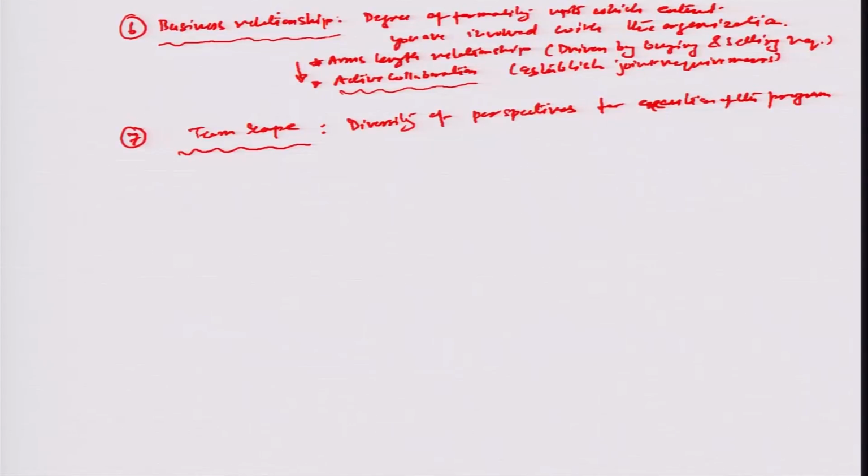So, that defines the team scope. There could be an organization type which has a small core team of design being advised by everybody else.